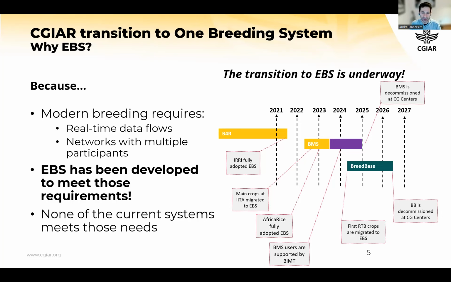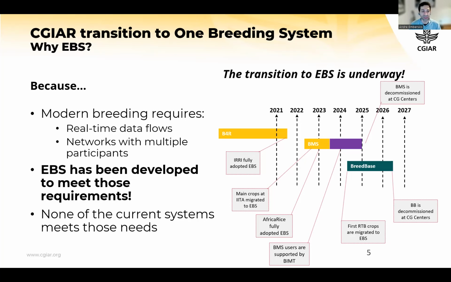And we also have plans for the RTB crops. There is a decision pending about whether the RTB crops will migrate to EBS or stay with grid-based or other systems. We have next week work, and Marko might say a few words about it, to do a detailed study of BreedBase and ensure that EBS can easily replace BreedBase if that's the choice of those crop leads and those crop teams.